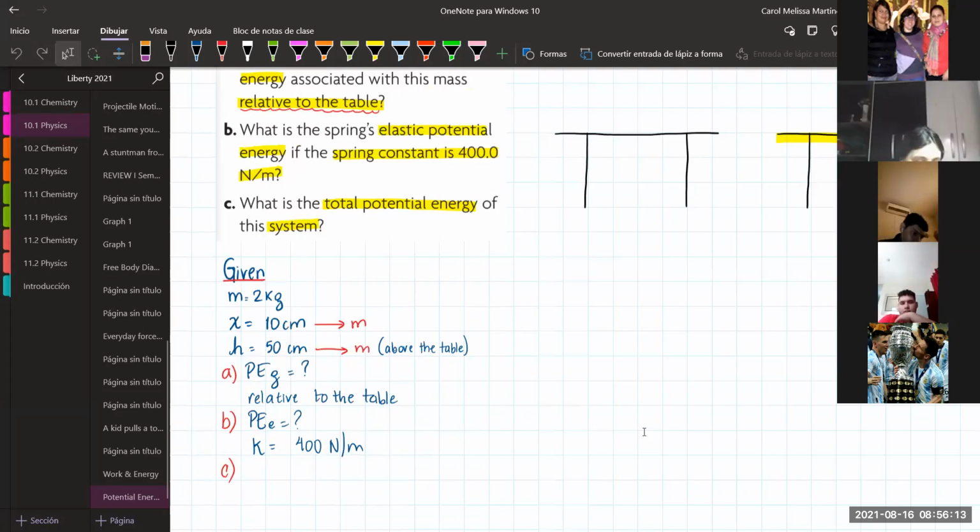So the total potential energy is unknown. This is how I organize the data, and from this I will start working. The first part that I will work on is the conversions, because my distances must be in meters. So my step 0 will be to work on the conversions.